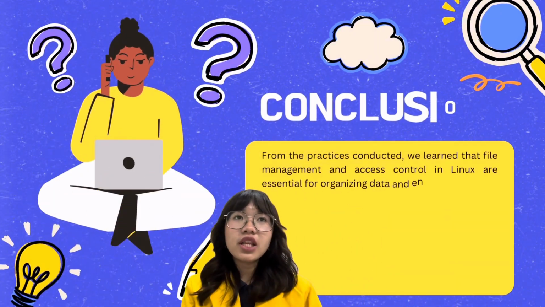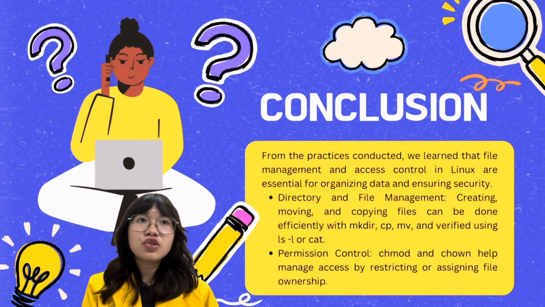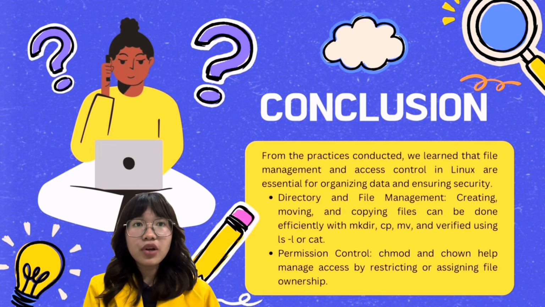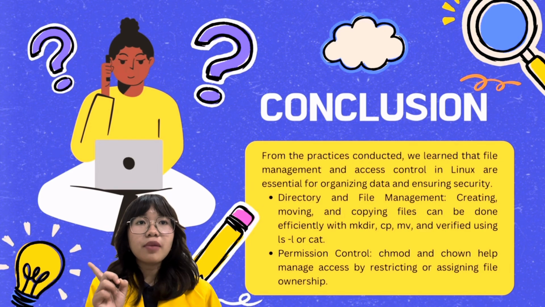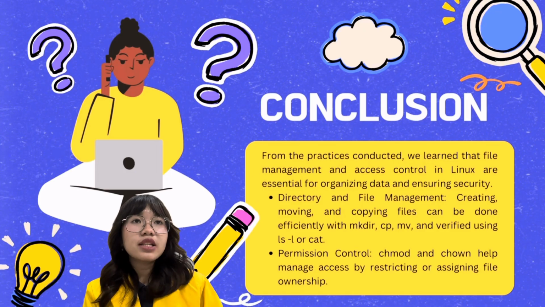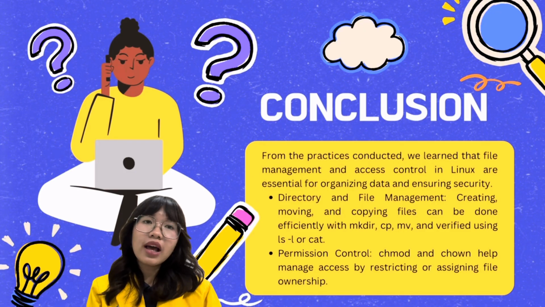Okay, now the conclusion from the practice conducted. We learned that file management and access control in Linux are essential for organizing data and ensuring security. First, directory and file management. Creating, moving, and copying files can be done efficiently with mkdir, cp or copy, mv or move, and verified using ls -l or cat.